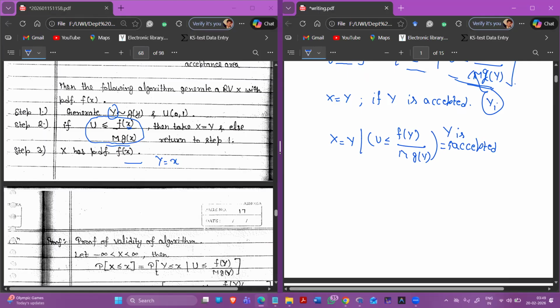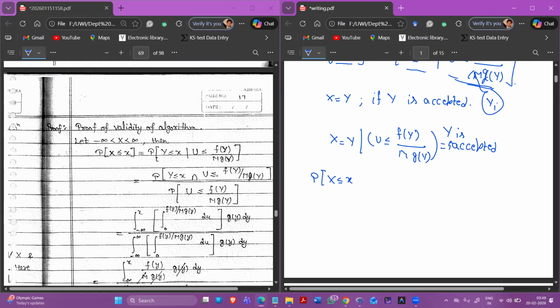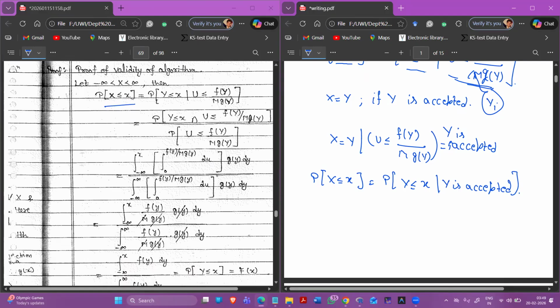That is the meaning of this term. So the probability that X is less than or equal to x is basically the probability that Y is less than or equal to x, conditional on y being accepted. That's how we wrote this term here.